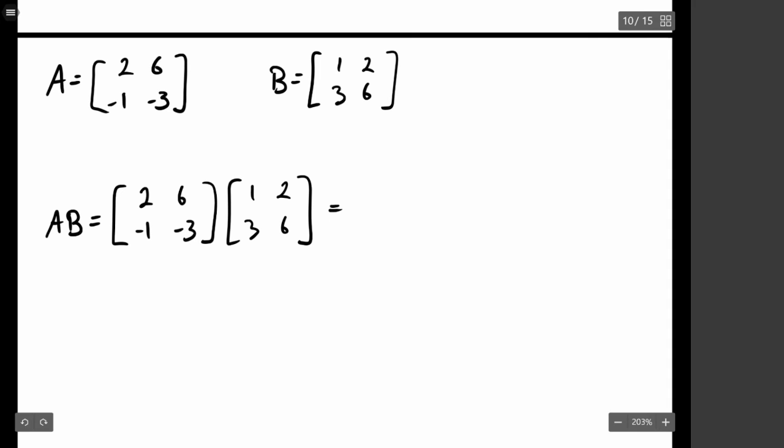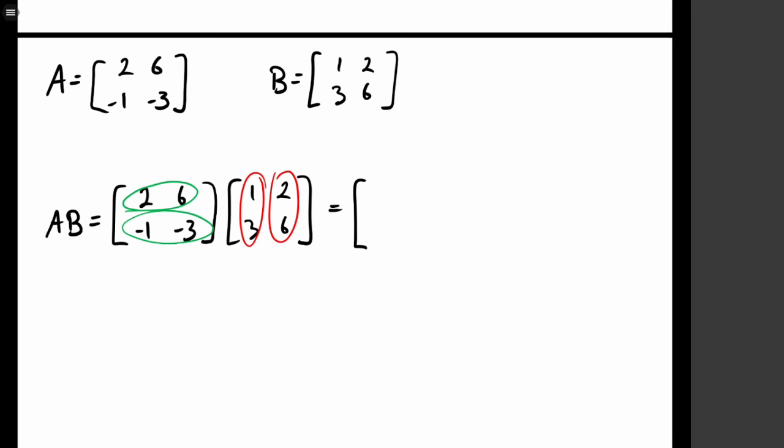Right? So the 1, 1 entry here, remember when we're doing matrix multiplication, we get rows from the first matrix, columns from the second one, and we basically dot product them together.